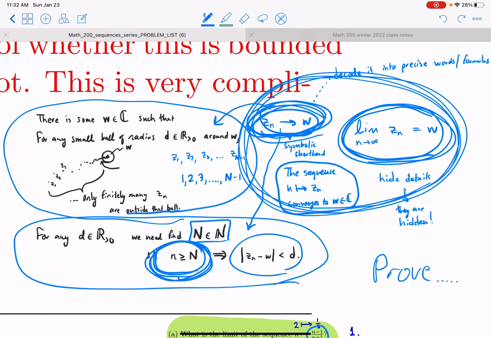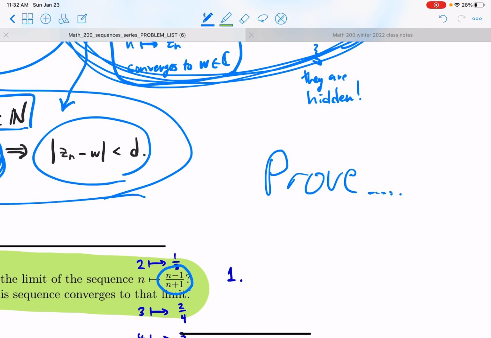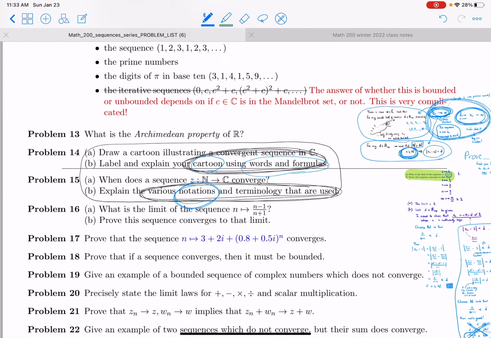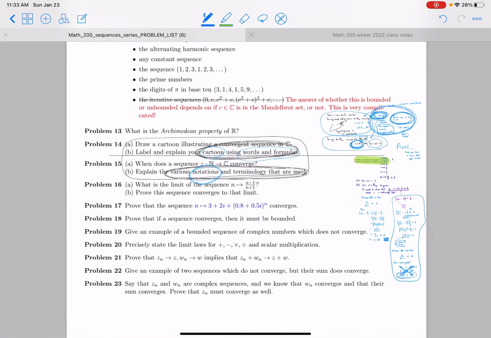That takes practice, because if your brain makes these easy, then later when you prove things, you've freed your brain to think about the new concepts and how different concepts relate to each other. Okay, so that's problems 14 and 15, which were vaguely written by me.